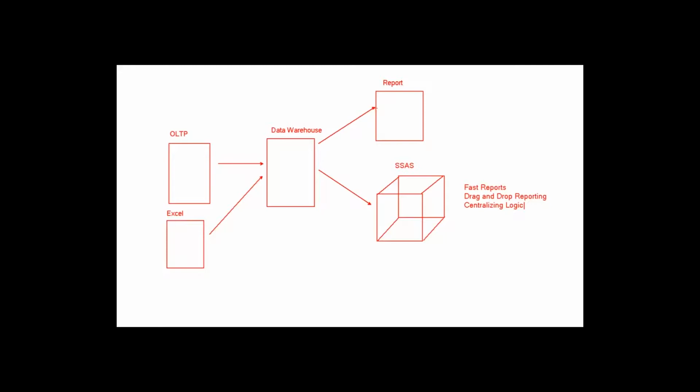So I can pre-store that information, and rather than my user having to calculate that on their own inside of a report or inside of Excel, I can store that inside of the cube, and all they have to do is drag and drop that into a report. It's just a little field that they drag and drop using pivot tables. So it's saving them a lot of time, and you're ensuring that the formula is done right because you've stored it in the cube.